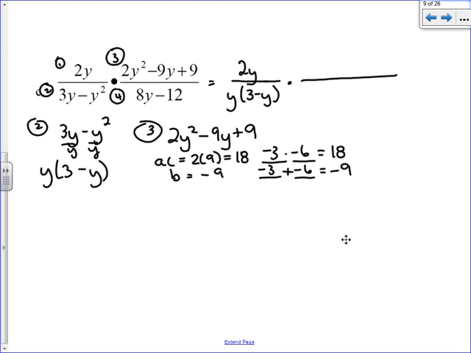There was something else we did with that pair of numbers if we didn't go right to our factors. What in our polynomial here is equal to -3 plus -6? Yeah, it's the -9 in the middle. So if you can't go right to your pairs, it's always splitting up that middle. So 2y squared minus 3y minus 6y plus 9.